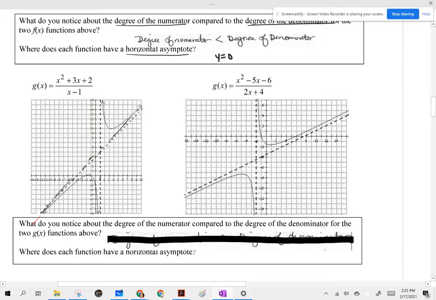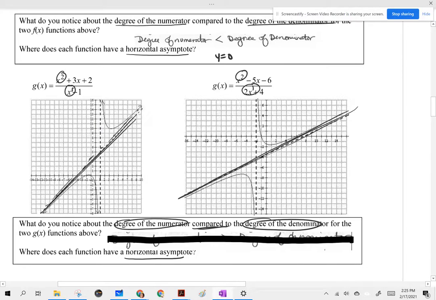So we've got some sort of diagonal type of line. And we are supposed to take a look at the degree of the numerator and compare that to the degree of the denominator. So we're going to compare the 2 and the 1. Also try and see if you can figure out if there is a horizontal asymptote.